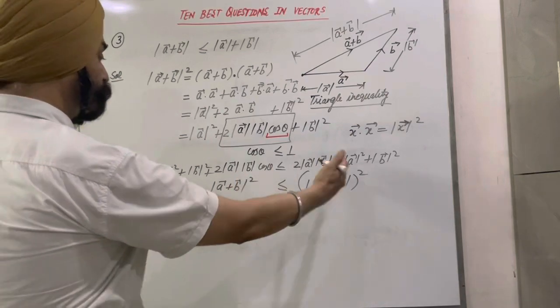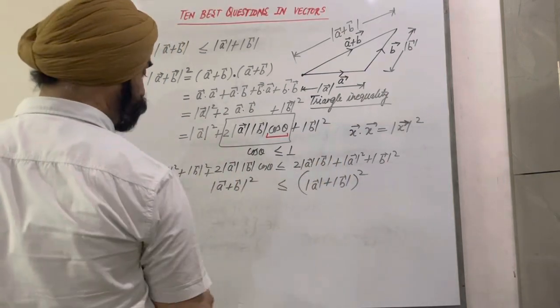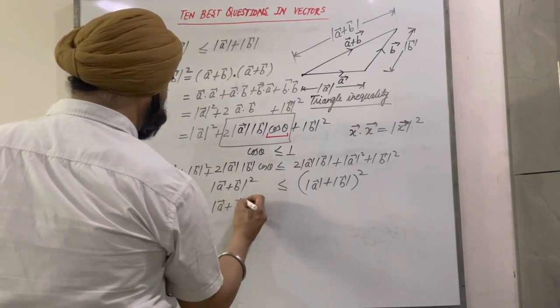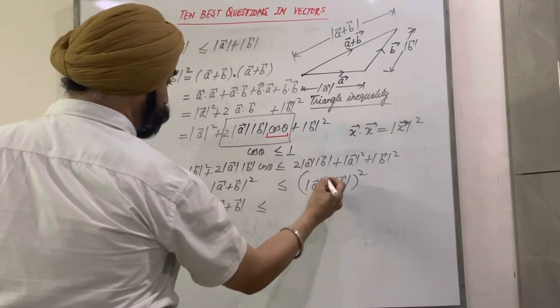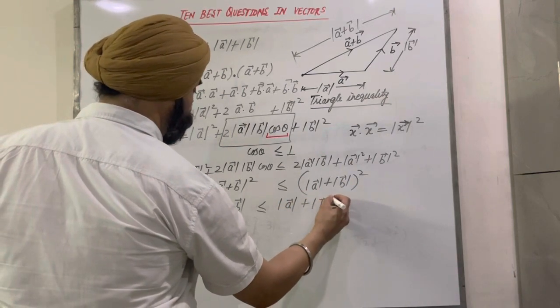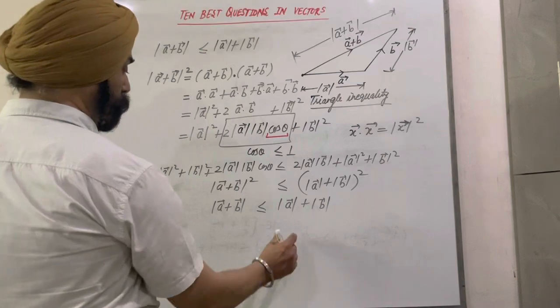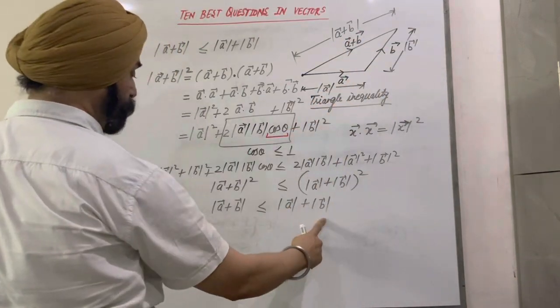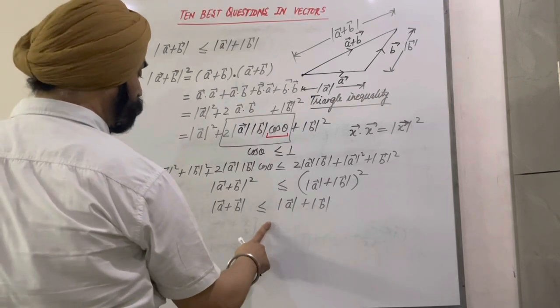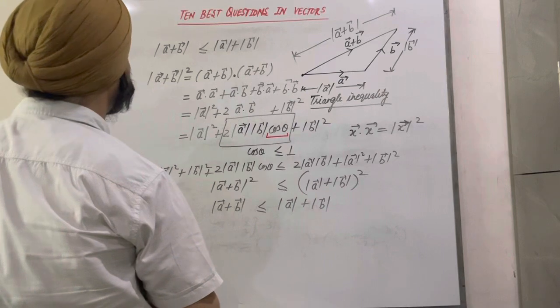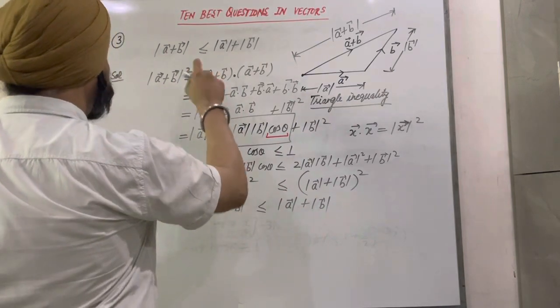Now taking the positive square root here, since we are dealing with the magnitudes, we get vector A plus vector B is less than equal to magnitude of vector A plus magnitude of vector B. So sum of lengths of 2 sides of a triangle is always greater than or equal to the length of the third side of the same triangle. And this is known as triangle inequality.